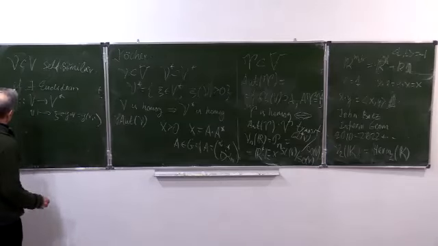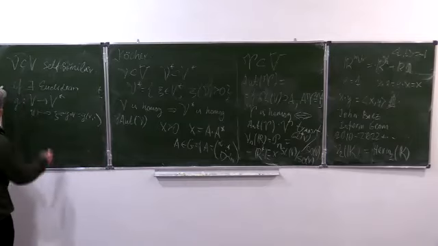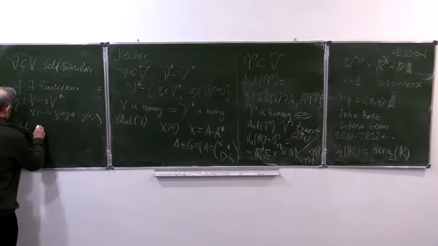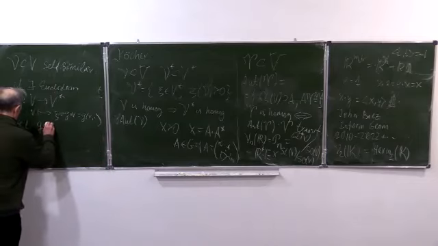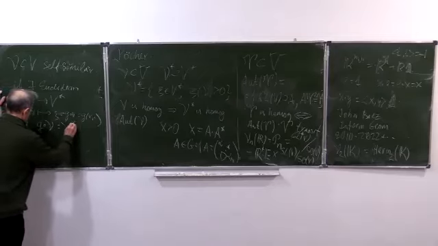And then we say that it is self-similar if there exists such a Euclidean metric such that g of V equals V star.